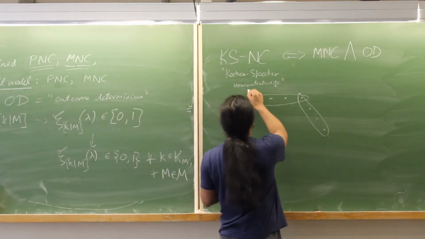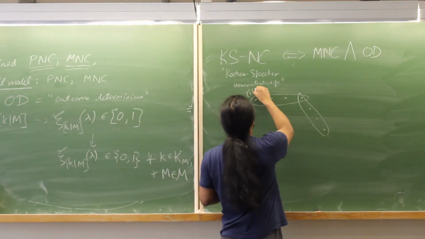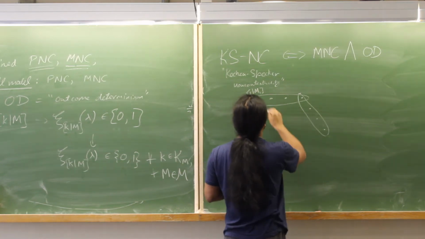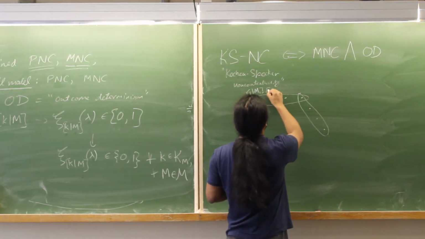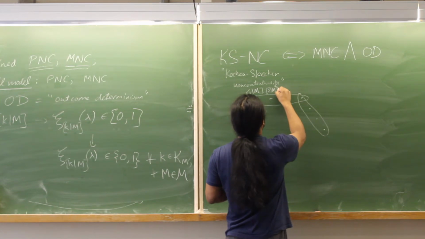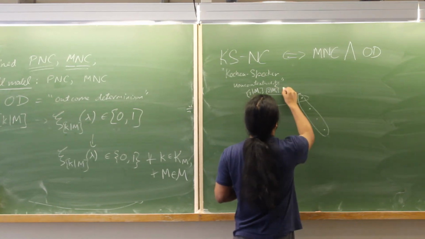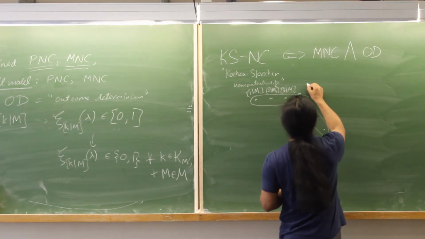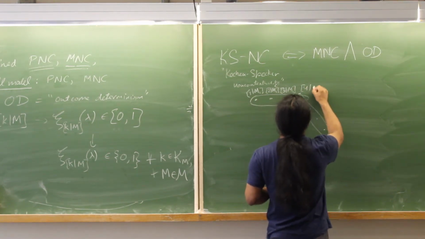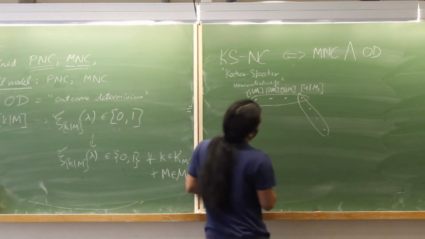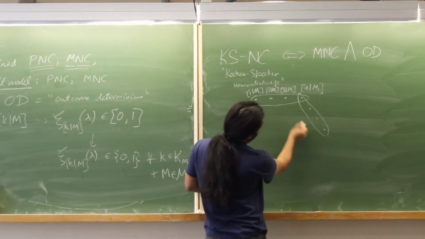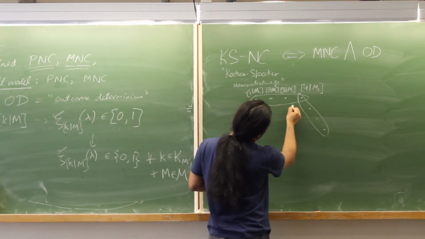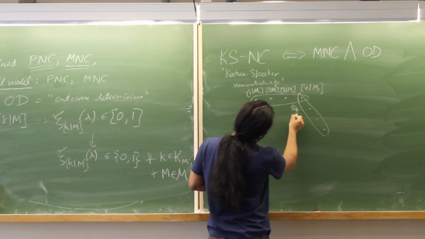And so in the operational theory, there will be some labels for these measurement outcomes. So for example, for measurement 1, this is outcome 1, outcome 2 for measurement 1, this is outcome 3 for measurement 1, and this is outcome 4 for measurement 1. Okay? Now, for measurement 2, this one is the outcome 1, so outcome 1 for measurement 2.